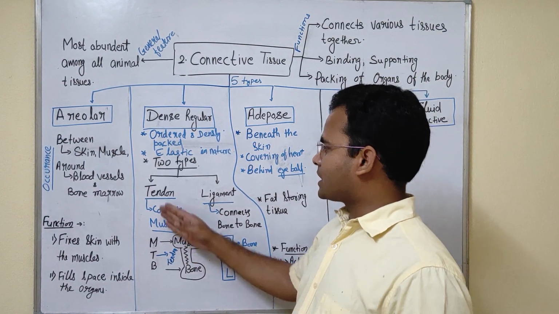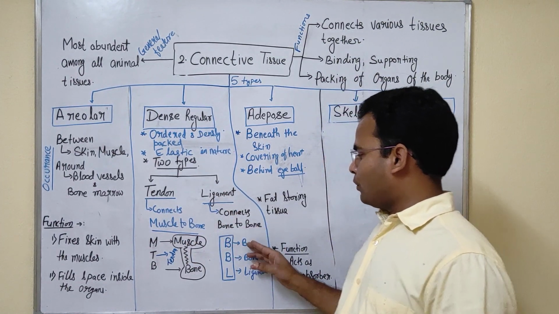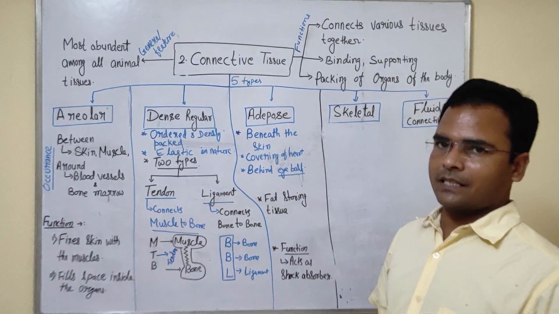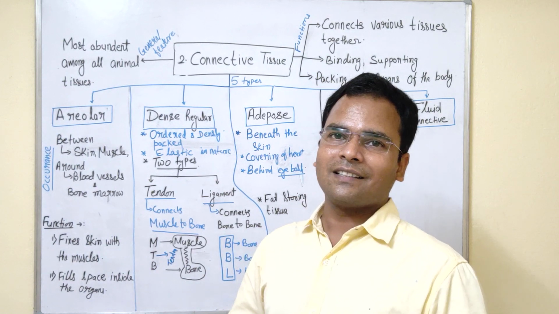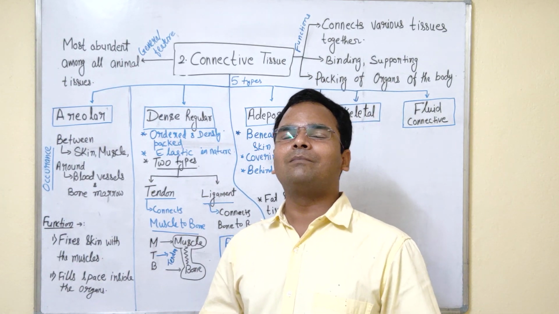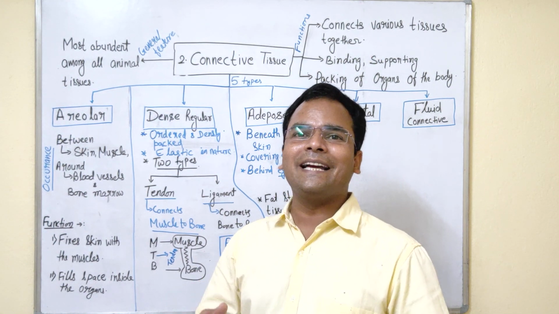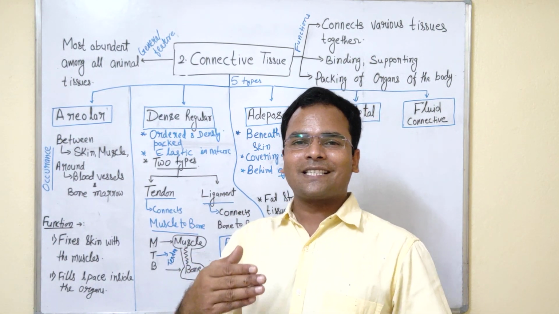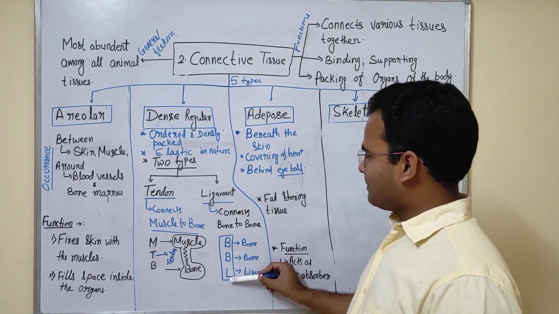So muscles to bone is connected by tendon, and the second type, that is the ligament, bone to bone is connected by ligament. For this also, in our school days, there was a very famous TB company, that was BPL. So I made it BBL. Bone to bone is connected by ligament.